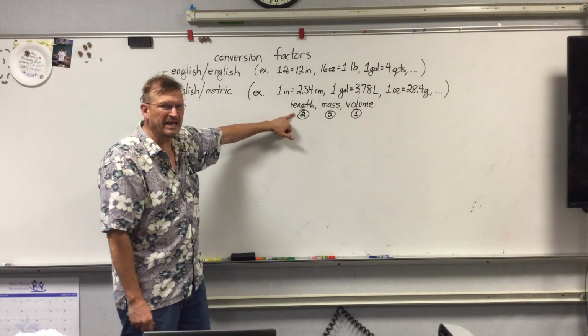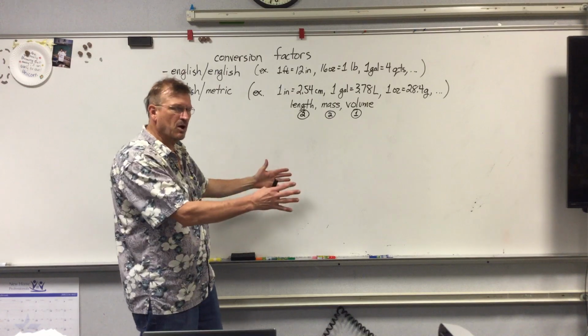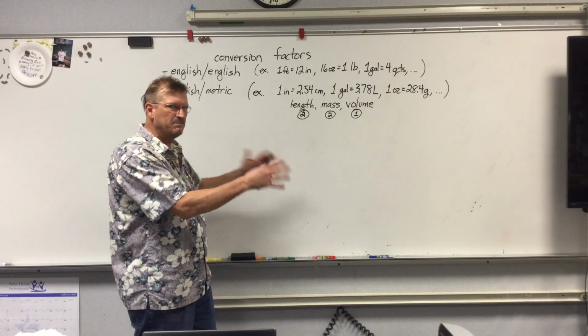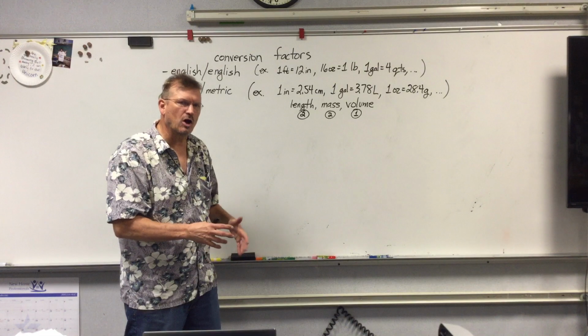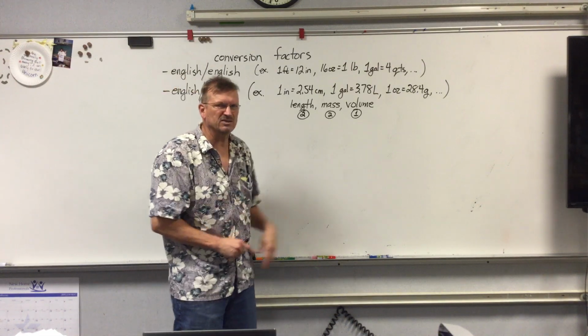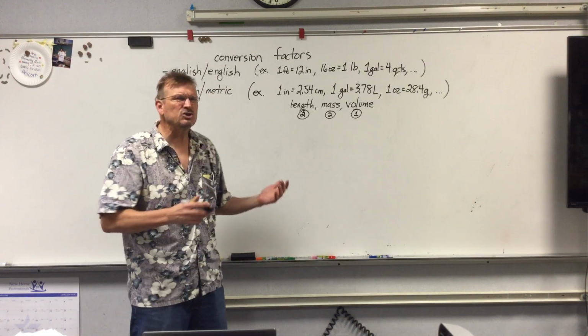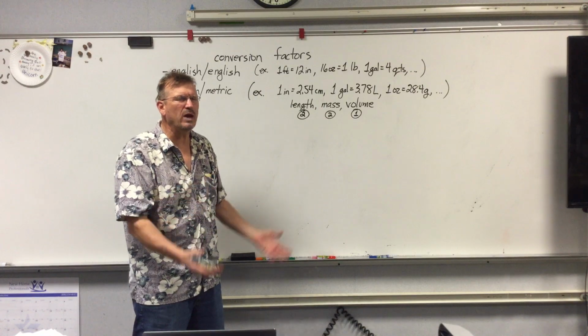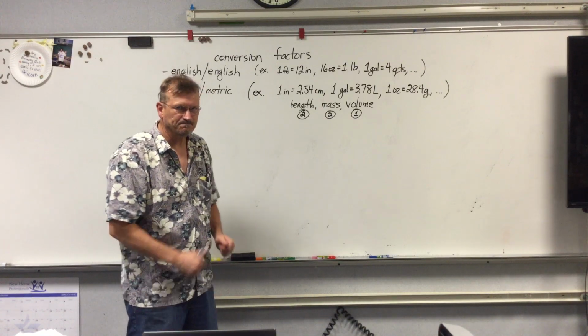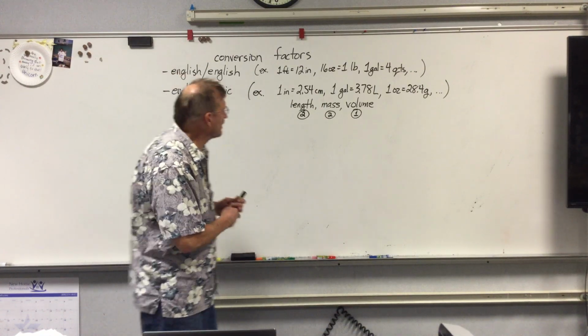Usually, the length ones include smaller things that deal with feet and meters, and a couple that are longer, like miles and kilometers. Just choose one of them. I've given you way more than you need, but that's just so that you're aware they're there.